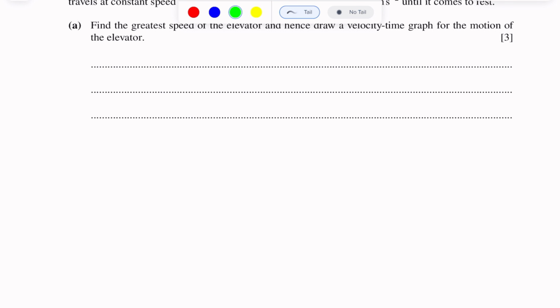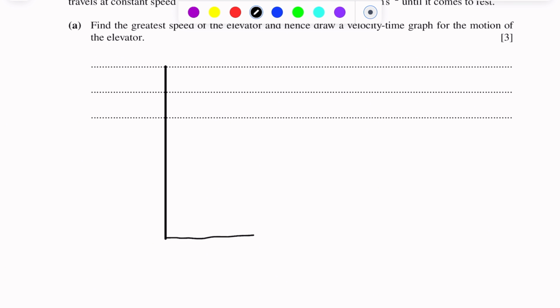Velocity is along the y-axis and along the x-axis we are taking time.